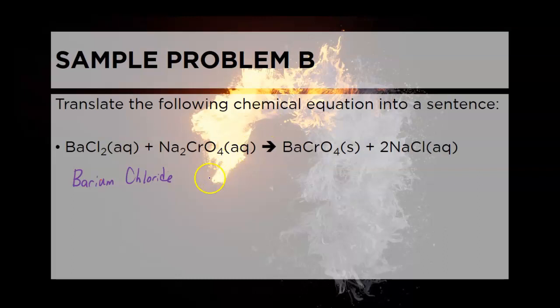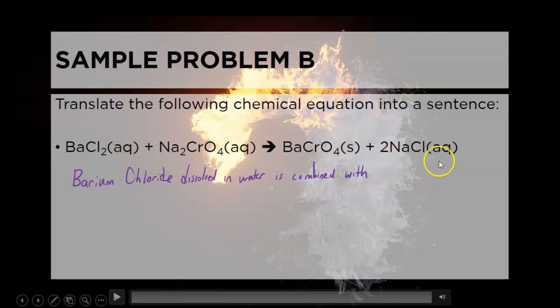It's dissolved, right? So barium chloride dissolved in water is combined with, and that's a little wordy to say dissolved in water. So I could also say a solution of. So I could say barium chloride solution is combined with sodium.